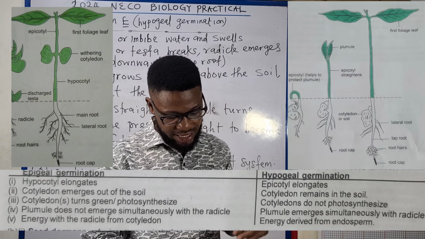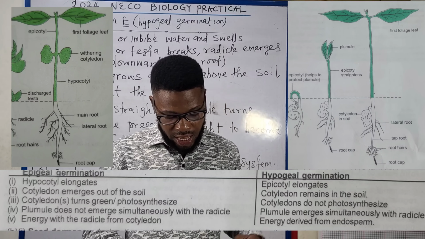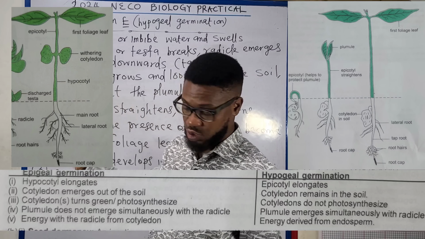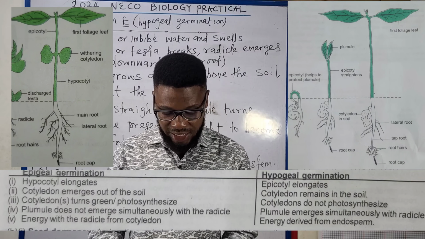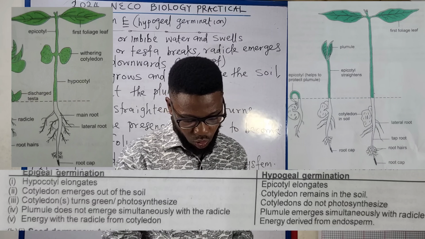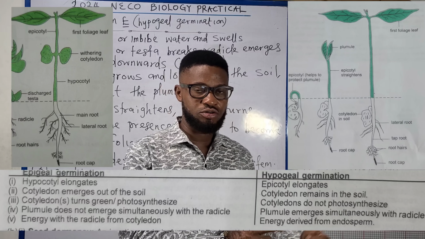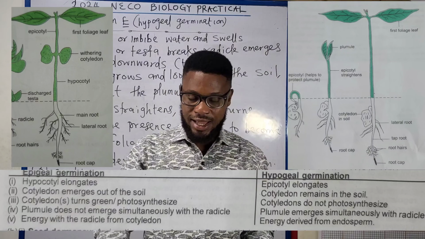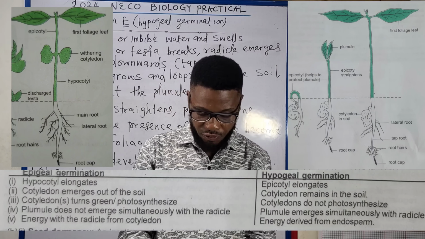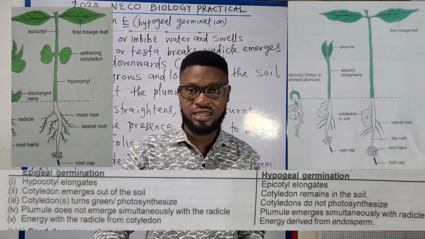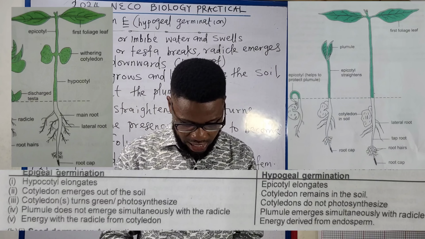You can see that in epigeal germination, the hypocotyl elongates. We've said that before in the description, but for hypogeal, it is the epicotyl that elongates. The cotyledons, in the case of epigeal, emerge and grow above the soil. The cotyledons in the case of hypogeal germination, in this case specimen E, remain in the soil.